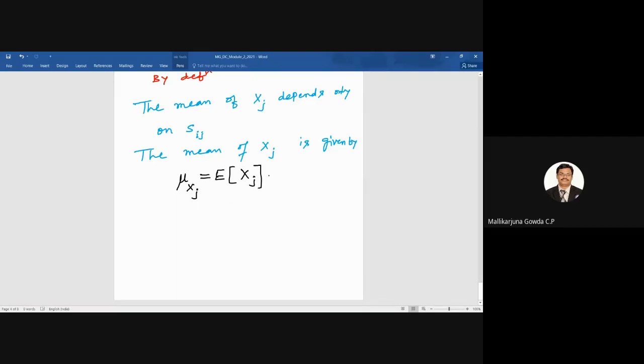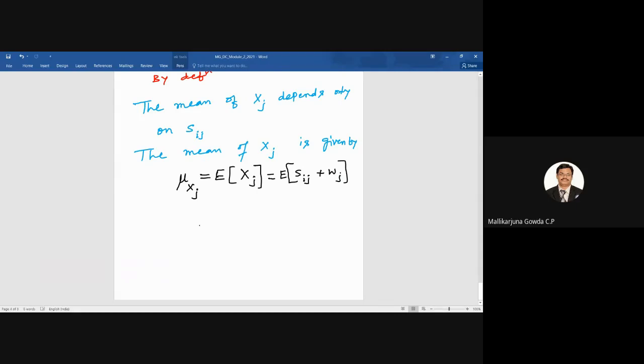So which is equal to what I can write? E of, what is the expected value, E of what is xj? It is Sij plus Wj. I'm just substituting the value of xj.